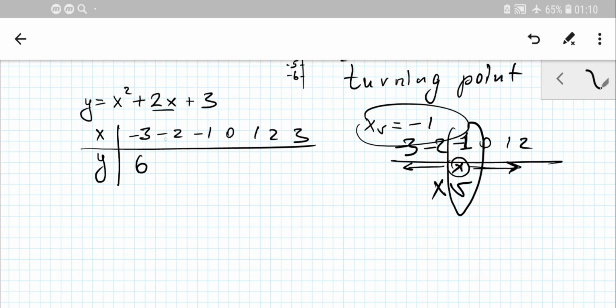So if we plug in -2, let's see what we'll get. We'll get 4, minus 4 is 0, and plus 3, we'll get 3. And if we plug in -1, -1 squared is just 1, minus 2 is -1, and plus 3 gives us 2.